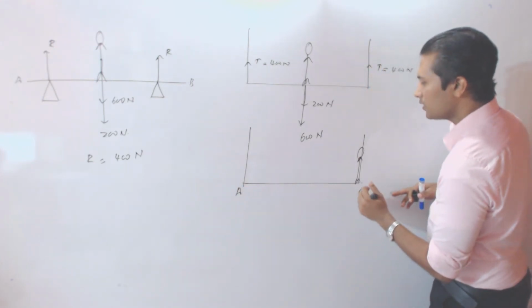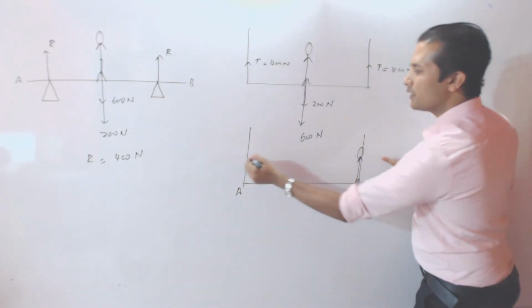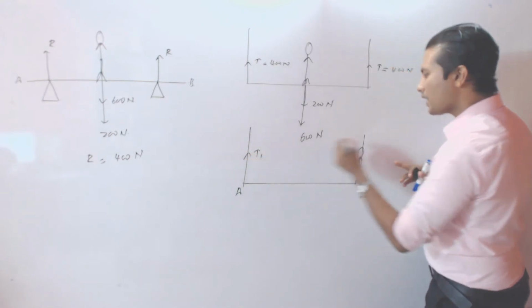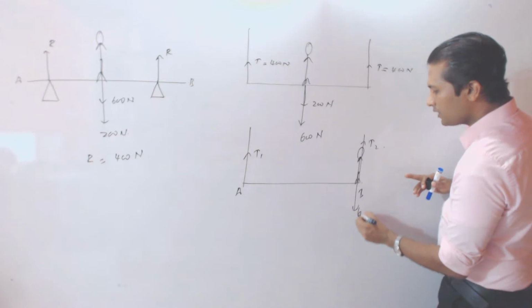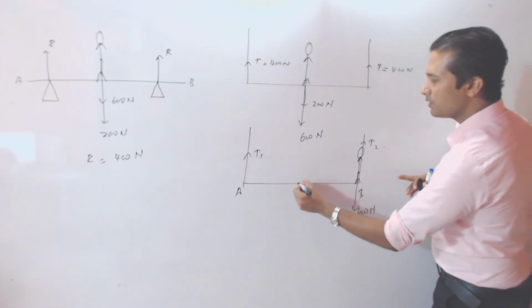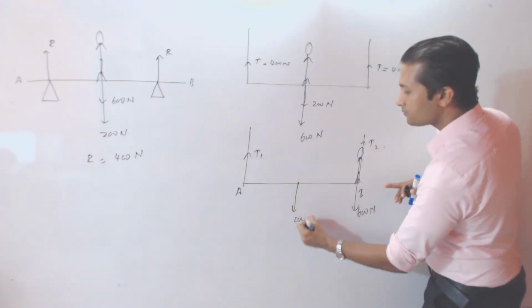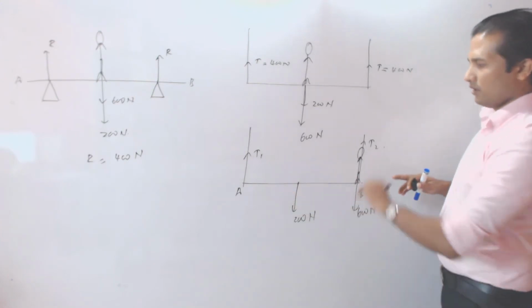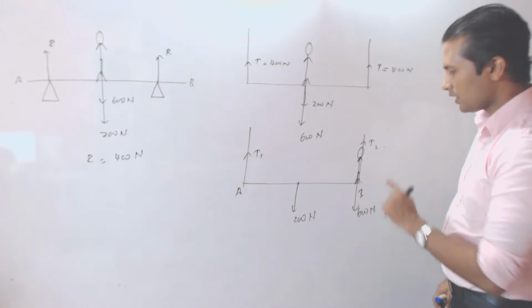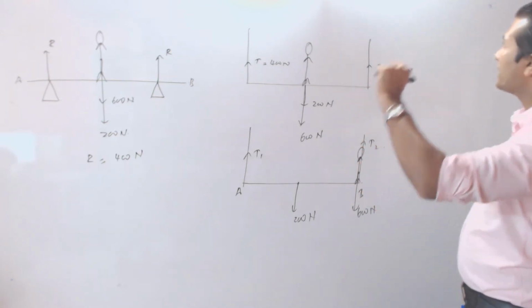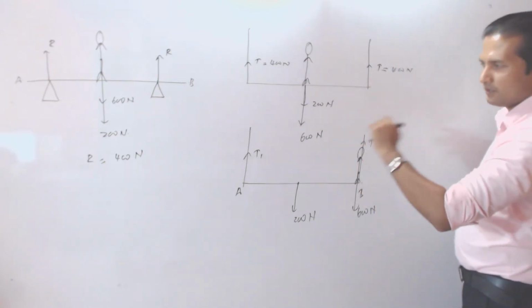So here we know that there are different tensions, T1 and T2, and the weight of the man is 600 while the weight of this one is 200 newtons. Now you have to calculate T1.